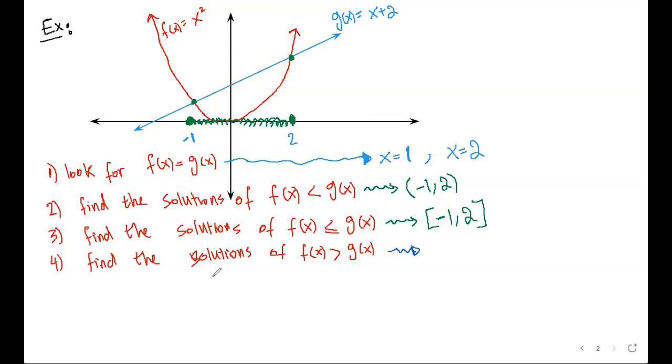Find the solution when the function f of x is greater than g of x. Or in other words, when the function f of x is above the function g of x. At which point is the function f of x above the second function g of x?